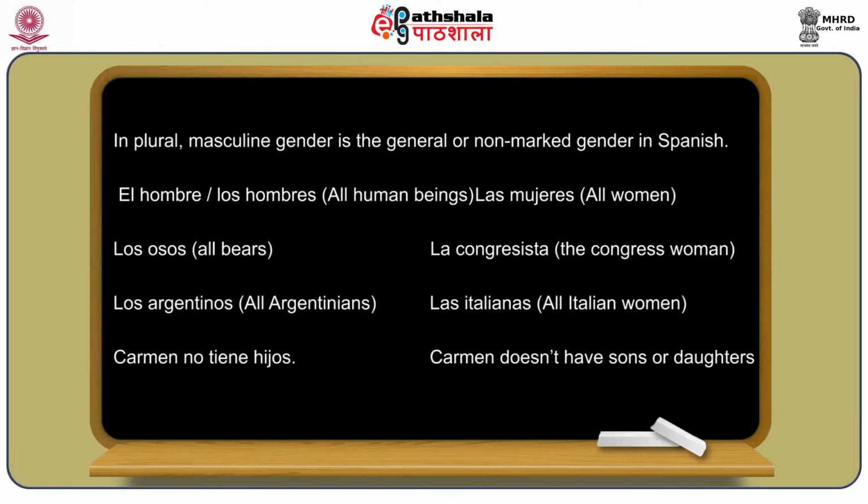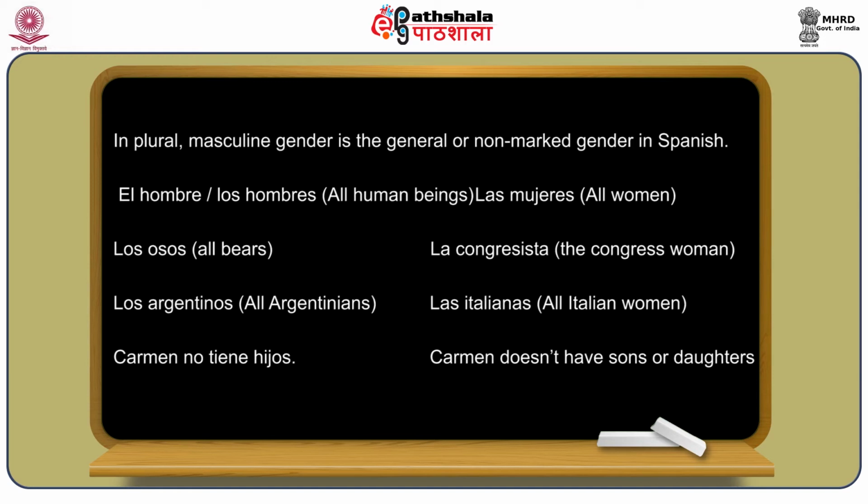In plural, masculine gender is the general or non-marked gender in Spanish. That means that masculine includes females and males as well. As I mentioned earlier, the masculine plural includes both sexes, male as well as female, whereas the feminine plural will be used only for female objects or people.